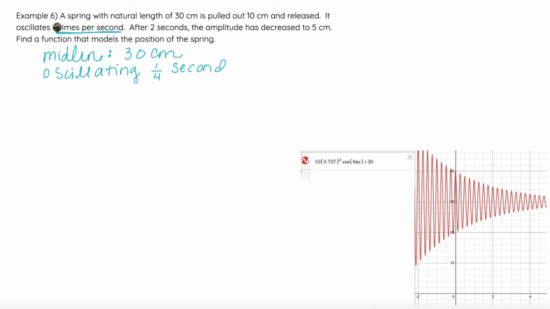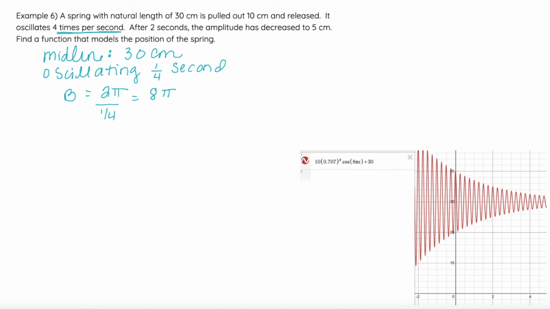So we are oscillating 1/4 of the way per second. I can find our b value by saying 2 pi divided by 1/4. So 8 pi is our b.